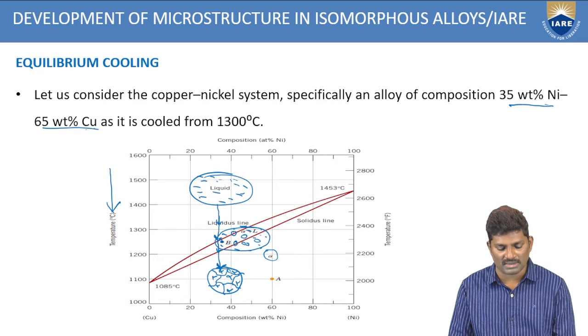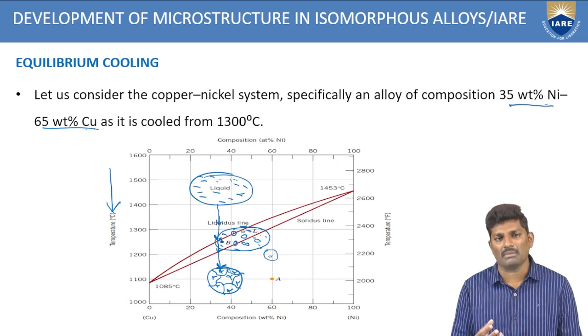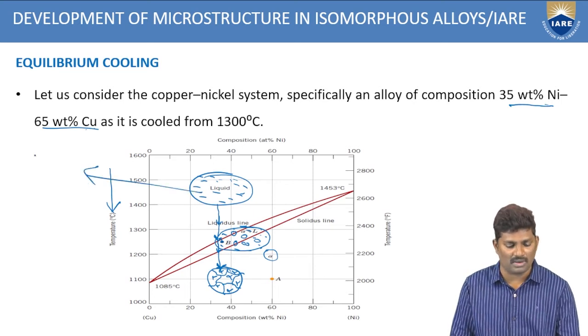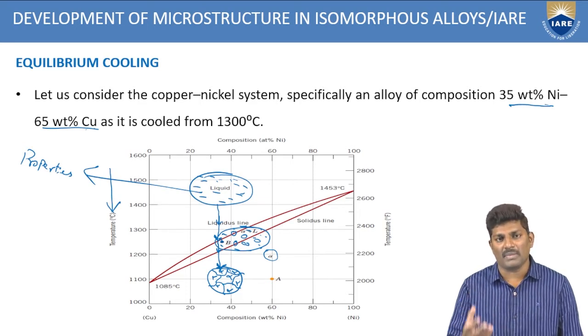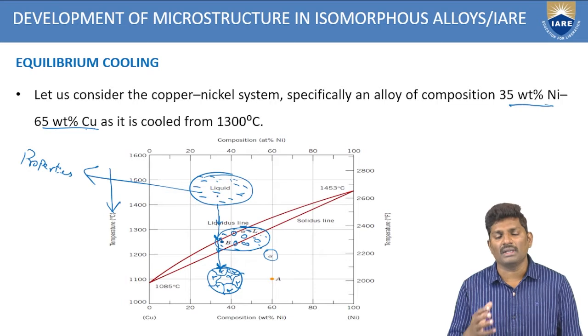Why do we want these microstructures? Based upon the microstructures, you can infer the characteristics or properties of the material. Different microstructures will have their own physical and mechanical characteristics, as well as melting temperatures, as well as compositions. So compositions also vary here. In this liquid phase, you have a different composition.